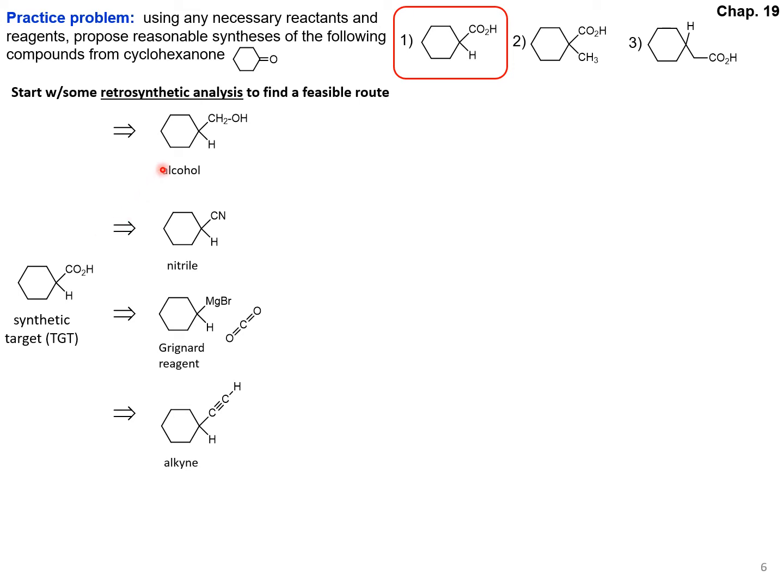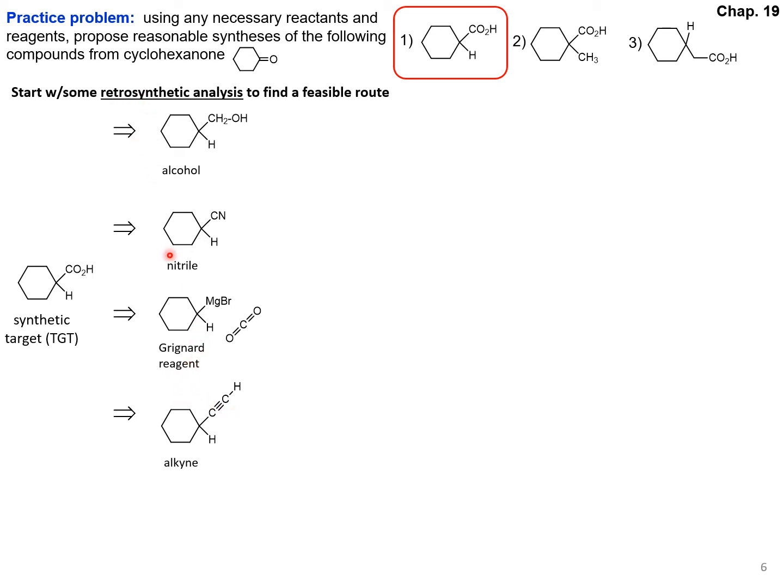We said that it's possible to oxidize this alcohol to a carboxylic acid with Jones reagent. We said that we could hydrolyze with H plus and H2O this nitrile and get this carboxylic acid. And this is a carbon-carbon bond forming reaction where you can make a carboxylic acid in the very last step in the synthesis. You can also ozonolyze an alkyne.